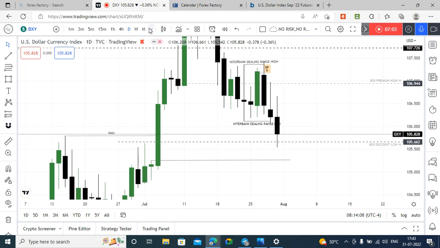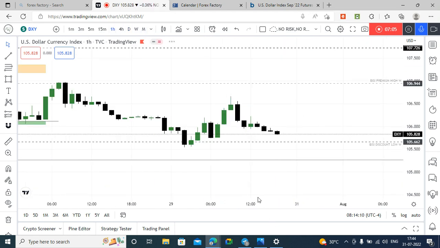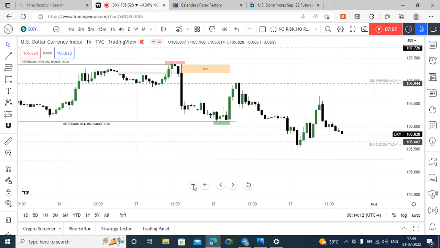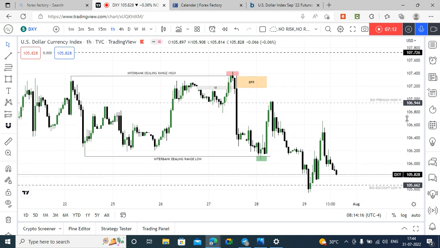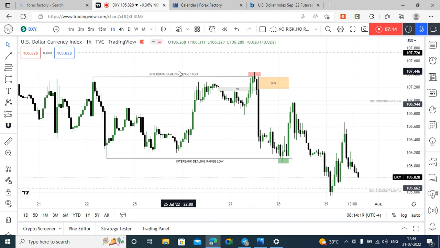If you see the 1 hour chart of the price action of the dollar index, you can see, guys, very good price action with some consolidation. I also told you, don't trade inside this interbank trading range.